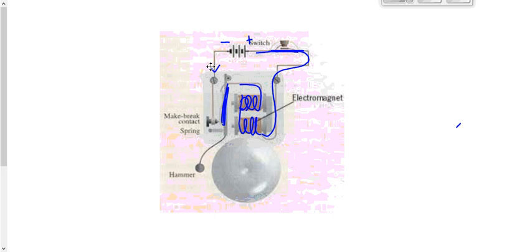But along with it, it pulled this piece of steel. It's not pulling this directly. It's pulling this piece of steel right here, which pulls with it this wire right here that was touching the make or break contact. Does that make sense?